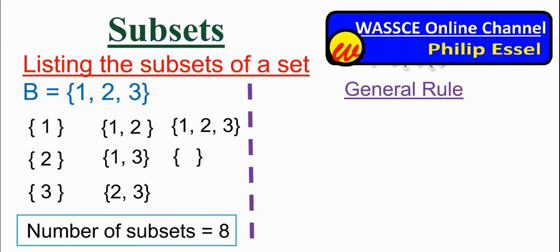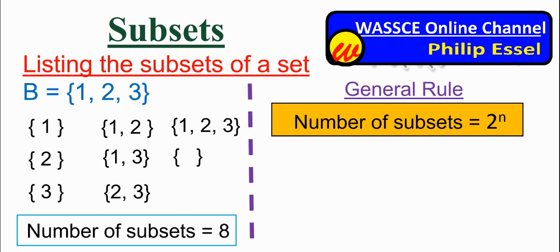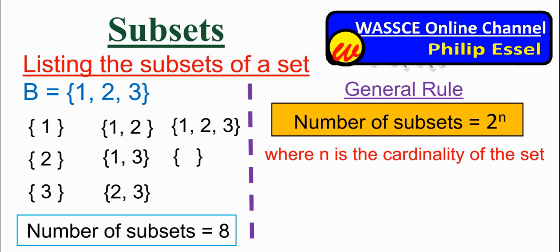Now let's use our general rule to calculate the number of subsets of set B. So let's first state the general rule. Number of subsets equals 2 exponent n, where n is the cardinality of the set. In this case, the cardinality of the set B is 3 because B has 3 members or elements.